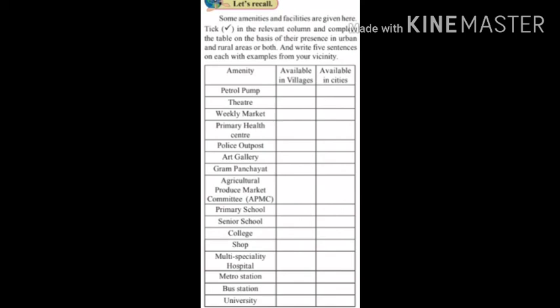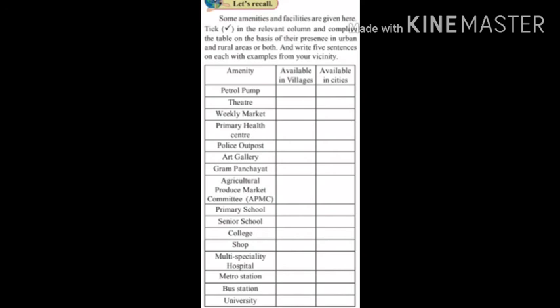Next one is Gram Panchayat. Gram Panchayat is available only in villages. Next one, Agricultural Produce Market Committee, APMC. It is available in villages as well as in cities. Next, primary school. Primary school is available in villages as well as in cities.